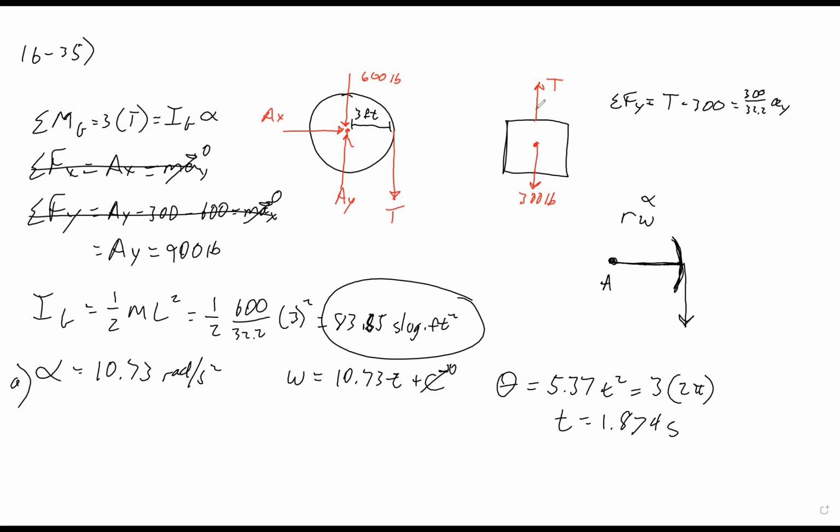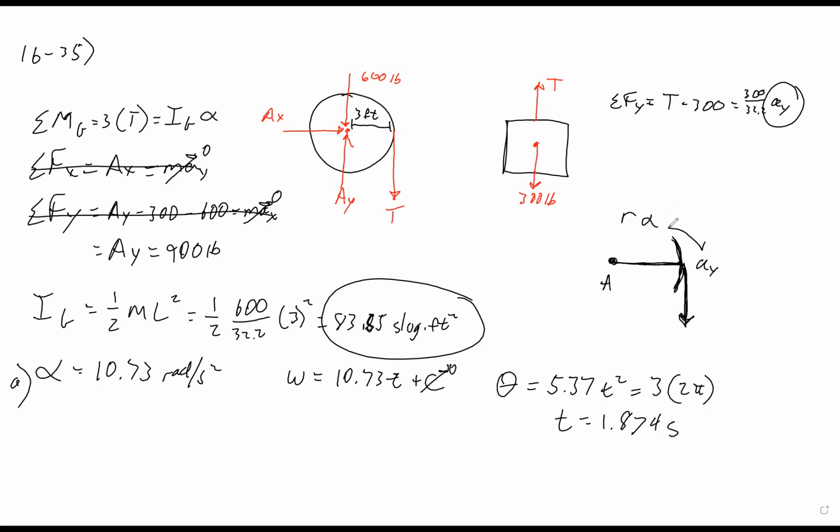Okay, so in this case, don't forget what we're looking for, an acceleration. So the acceleration linearly going downward is your ay. To get that value, we need to know r times alpha.